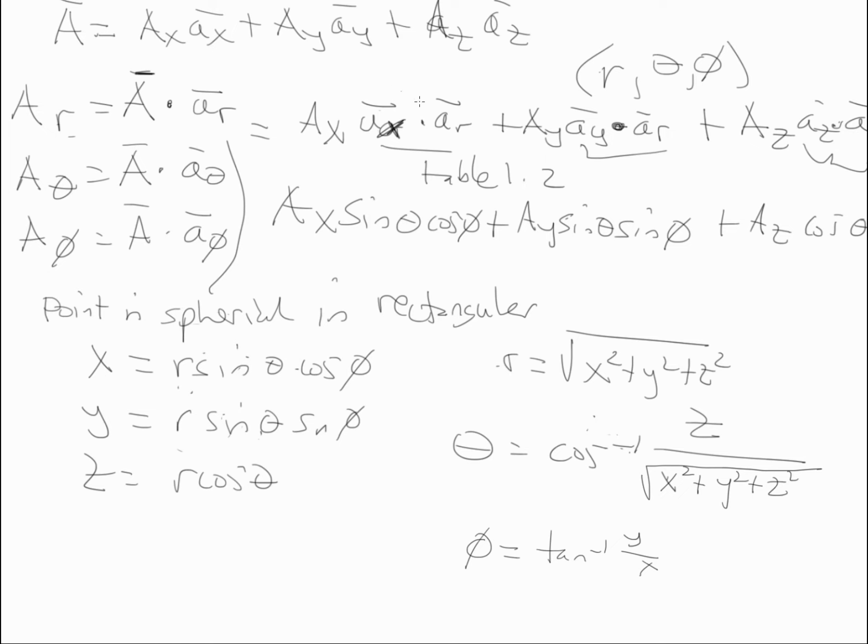And then all this stuff up here is if you have a vector in rectangular coordinates and you want to convert it into spherical coordinates, and then you have to carry out this procedure on each of its components. So you do each one in step. And so this is just the AR component that I calculated right here. And so that concludes chapter 1 of the basic information that's in there.